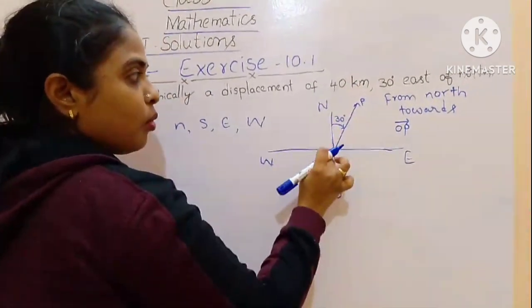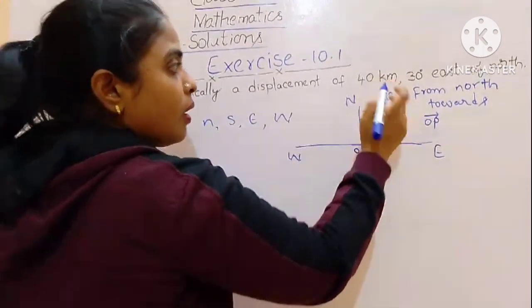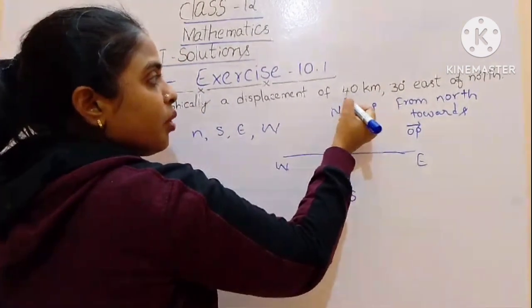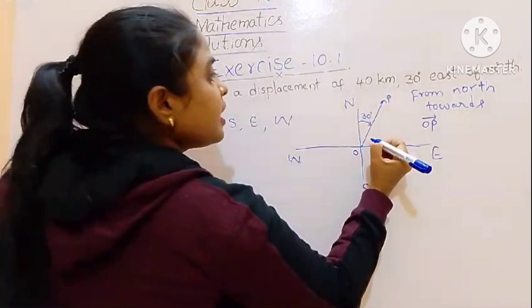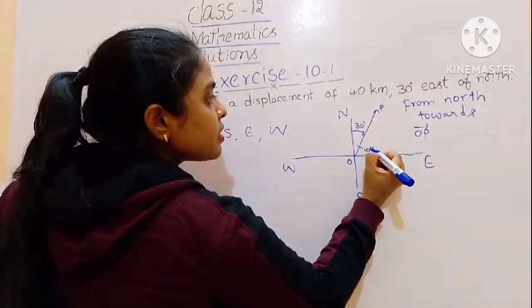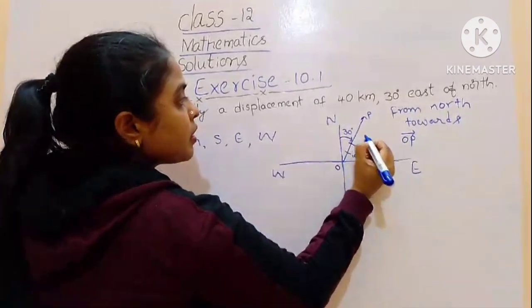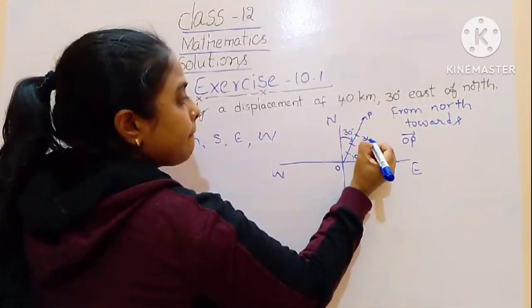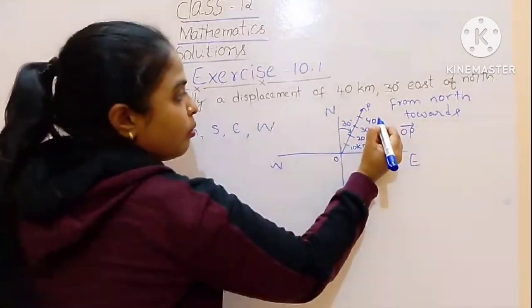It is the vector. O to P is OP bar. On this vector, we need to identify the magnitude 40 kilometers. I will take each centimeter as 10 kilometers. So, I got here 40 kilometers.